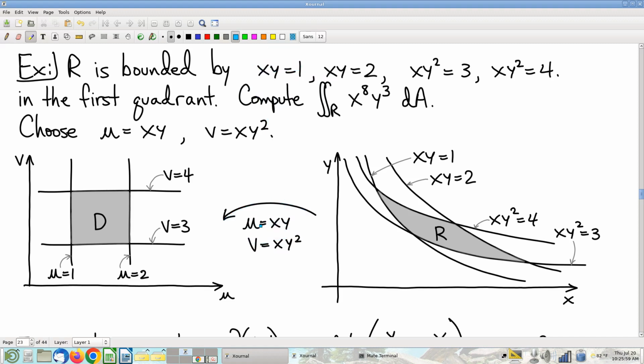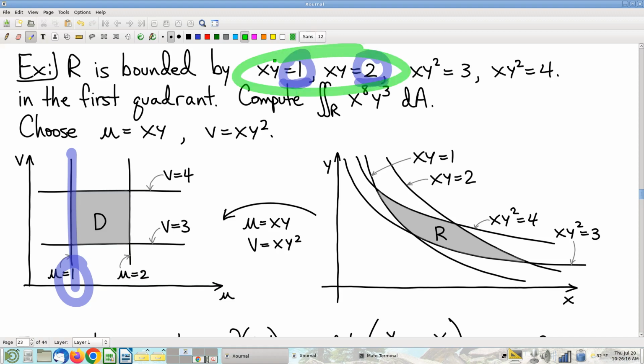In order for that to work out as a nice straight line, I do need that to be a constant. u needs to be a constant, which means that this formula over here needs to be stuff equals constants. Said differently, we need to have these equations written as level sets. Stuff equals constants. That's critical to make this work as nicely as it did.